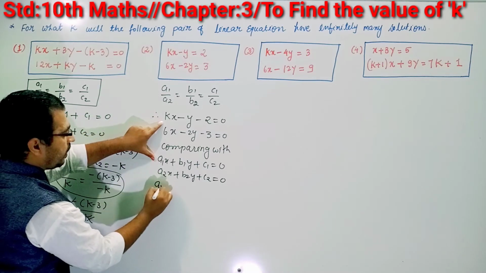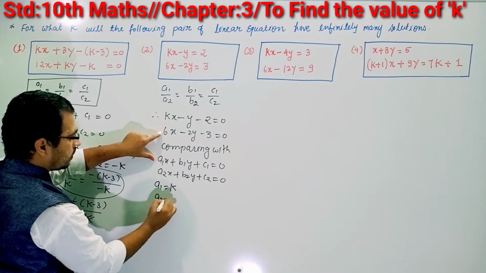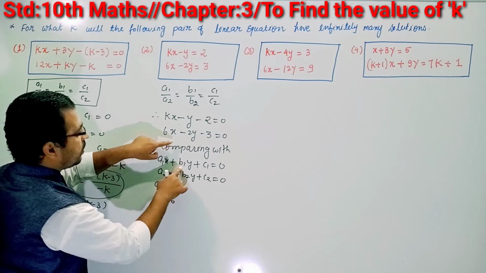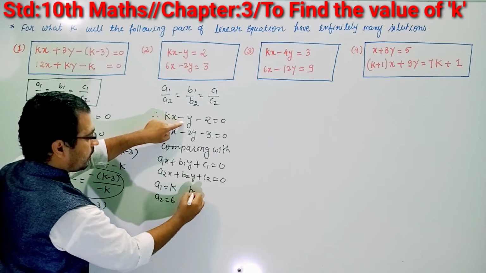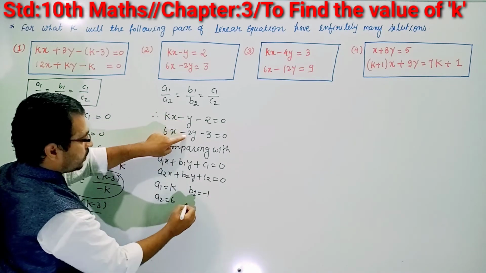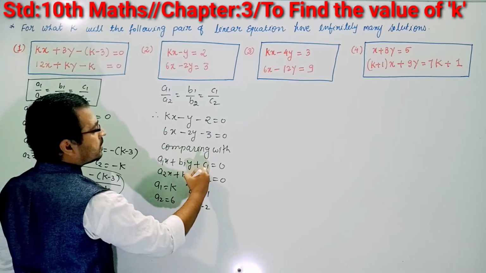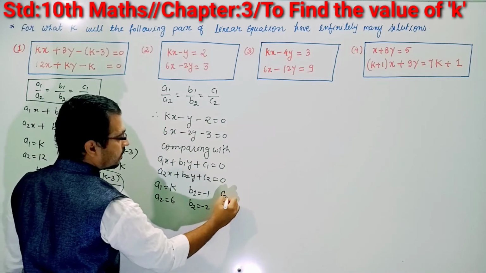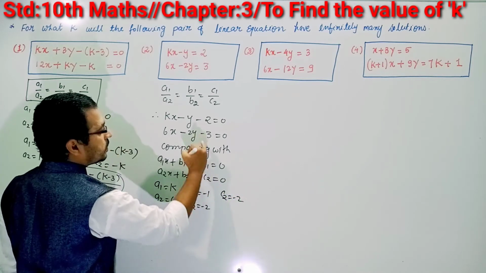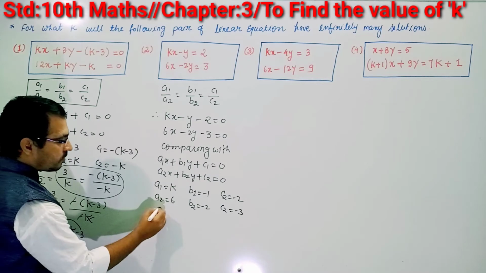The value of A1 is k, the value of A2 is 6, the value of B1 is minus 1 and the value of B2 is minus 2. C1 is again minus 2 and C2 is minus 3. Right, students? So here we can write what?